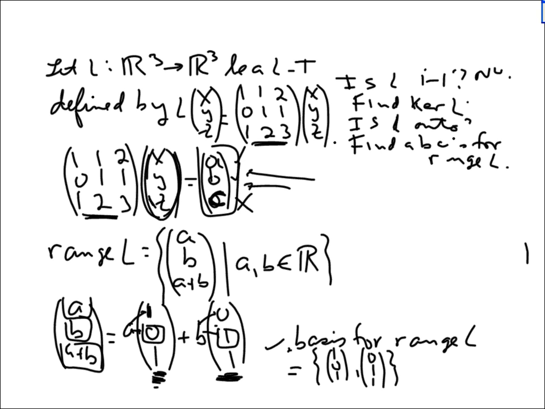That's the basis for the range of L. And that was all the questions on that one. If you're taking a real linear algebra class, you are going to see this problem on the test. It's not a watered down course. You will see that problem.